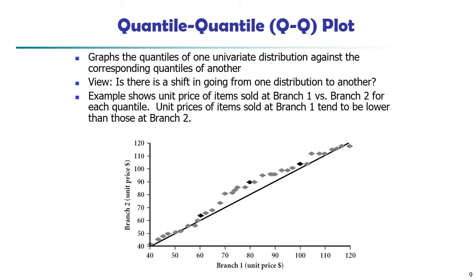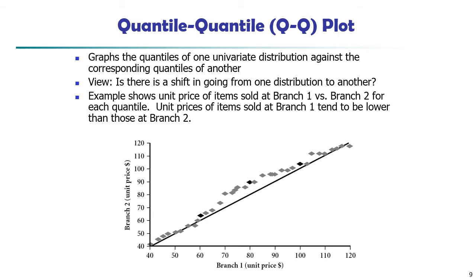Now we'll talk about the quantile-quantile plot. It graphs the quantiles of one univariate distribution against the corresponding quantiles of another. So we view whether there is a shift in going from one distribution to another. Let's see the example which shows the unit price of items sold at branch 1 versus branch 2 for each quantile.